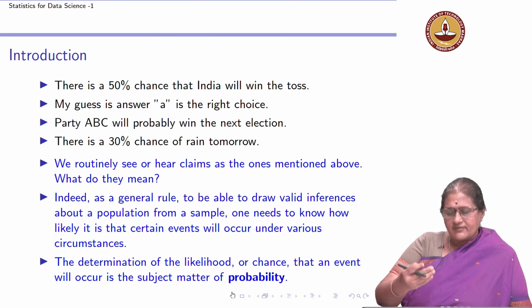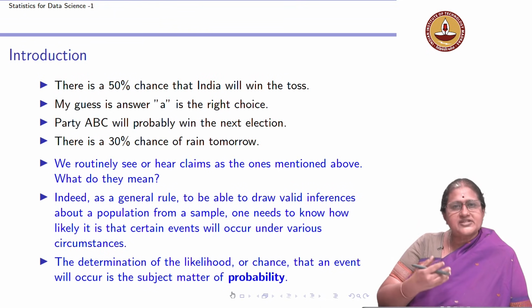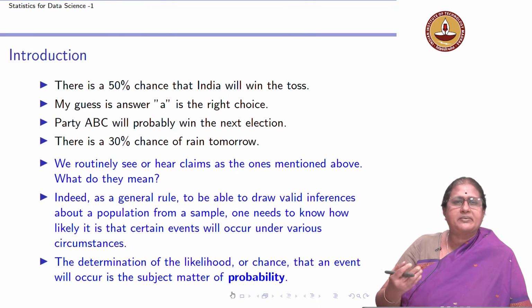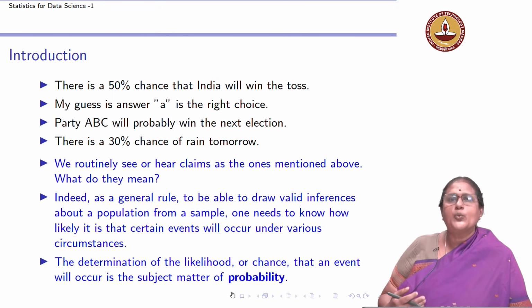So, we always say when there is a toss of a coin, there is a chance of the person winning the toss. Typically, we assign a 50% chance that a person or a country would win a toss.